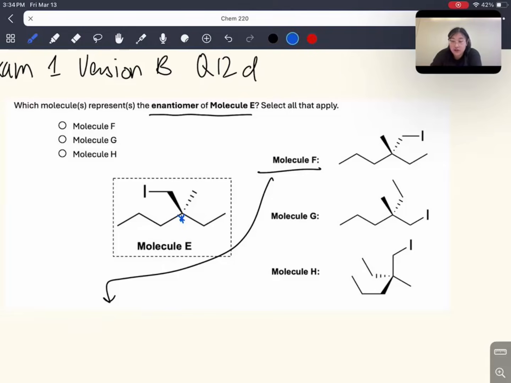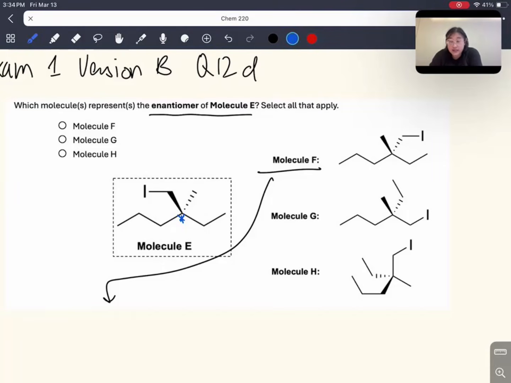I'm going to show you how to rotate this molecule first. And then using R/S chirality is a good sanity check to systematically check whether or not two molecules are enantiomers, diastereomers, or the same.